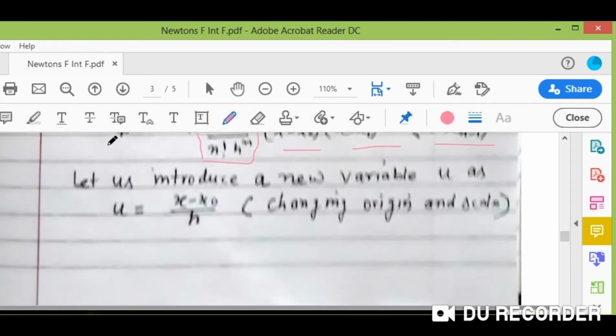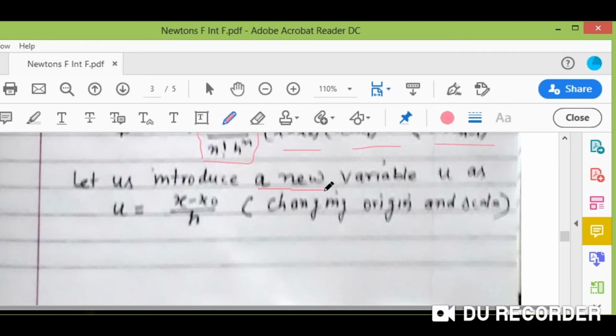In your book, it is simply written and left without discussion, because it has a very good background in our mathematical discussion in real analysis or in applied. You will also find this concept in statistics, in numerical analysis. Everywhere in the applied sciences, you will find this concept of introducing a new variable.